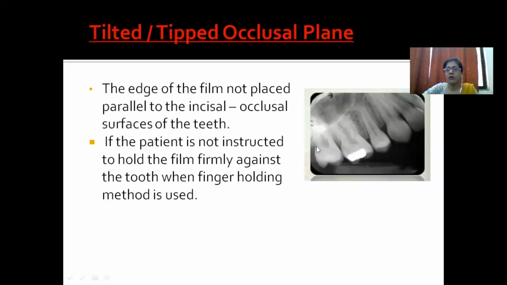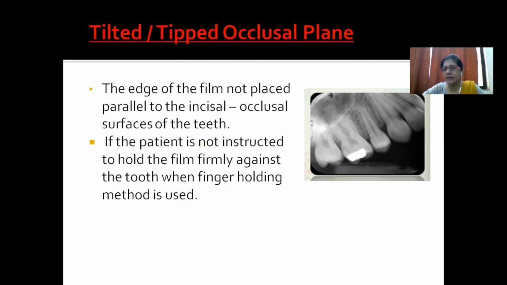Then tipped occlusal plane. Can you see this is a tipping of the occlusal plane? It is not straight. Ideally it should be straight, or parallel to the edge. The edge of the film is not placed parallel to the incisal or occlusal surface of the teeth, so it is called a tilted or tipped occlusal plane. This happens if a patient is not instructed to hold the film firmly against the tooth when the finger holding method is used.